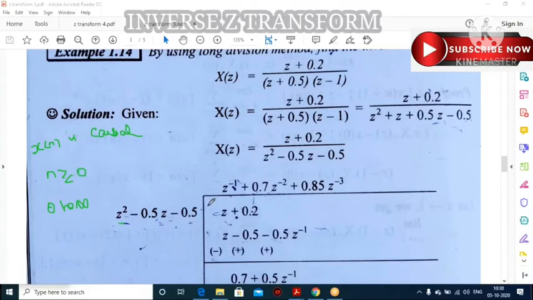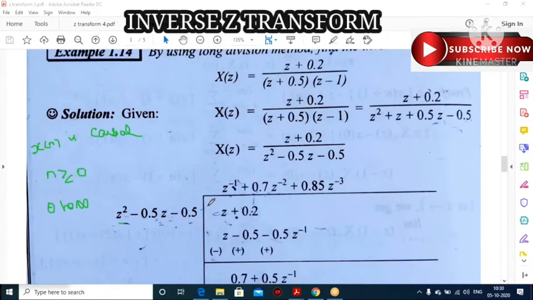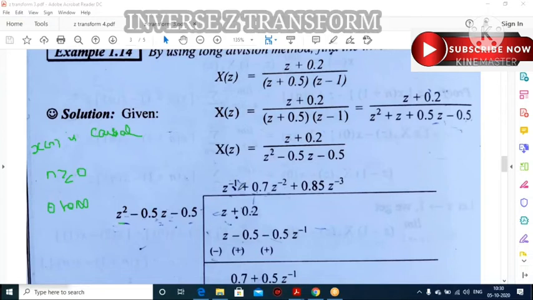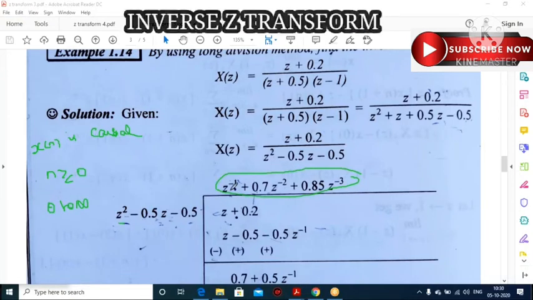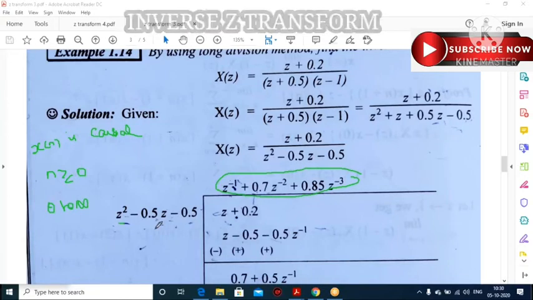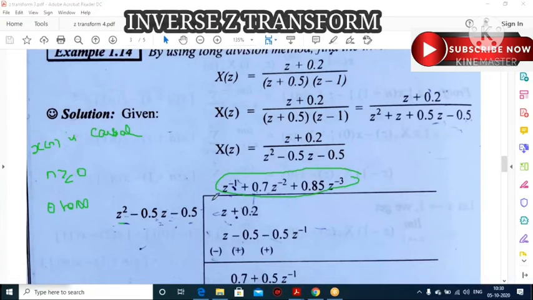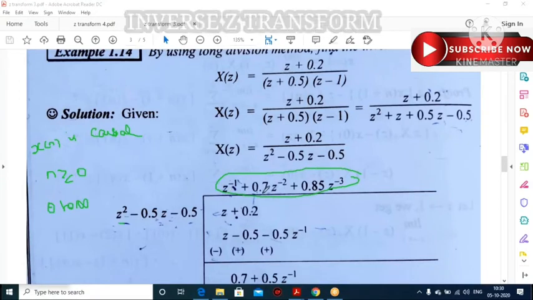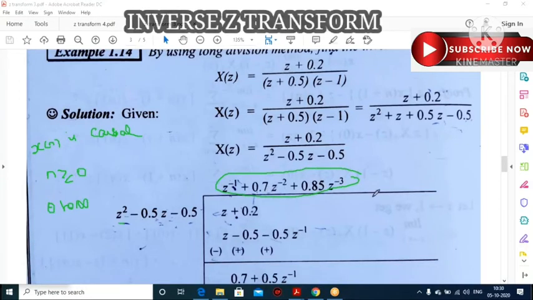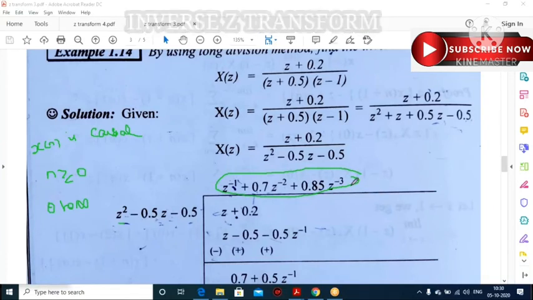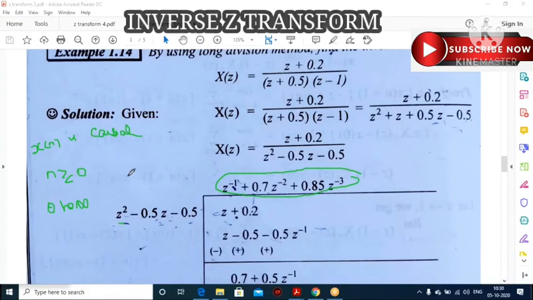But your quotient should have all the powers of z under the negative power of z. So when the system is said to be causal, you get negative power. Your equation gives x of 0, x of 1 is z power 1, x of 2 is 0.7, x of 3 is 0.5. So this is the procedure to find the inverse by the long division method when x of n is causal.